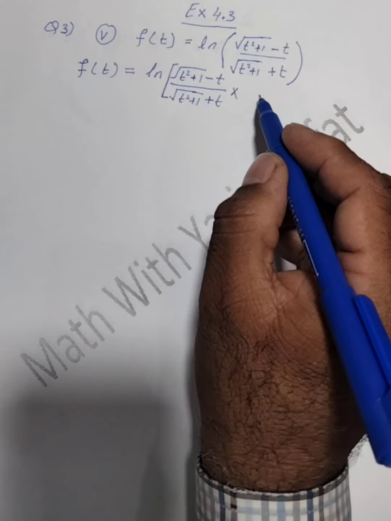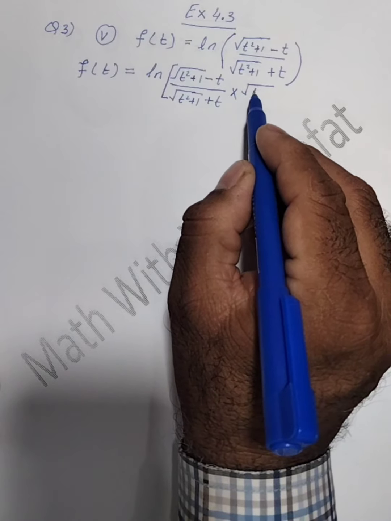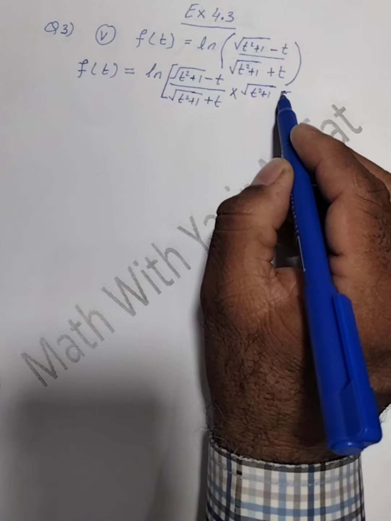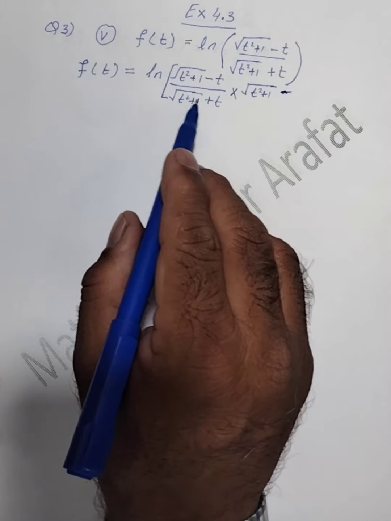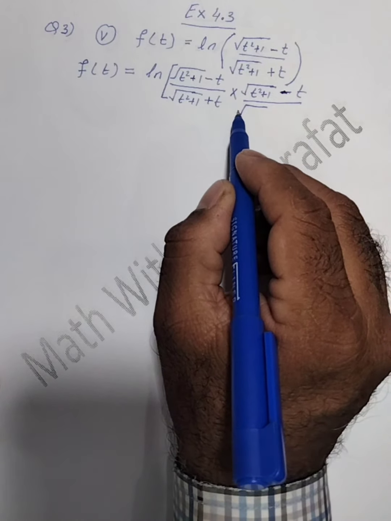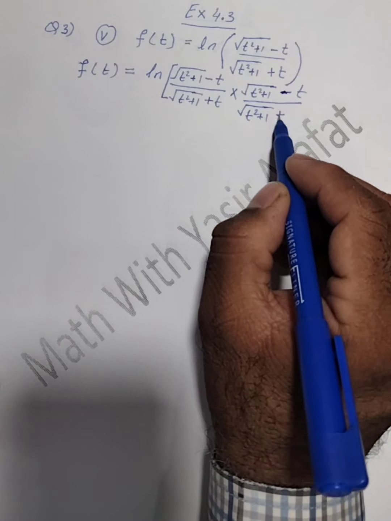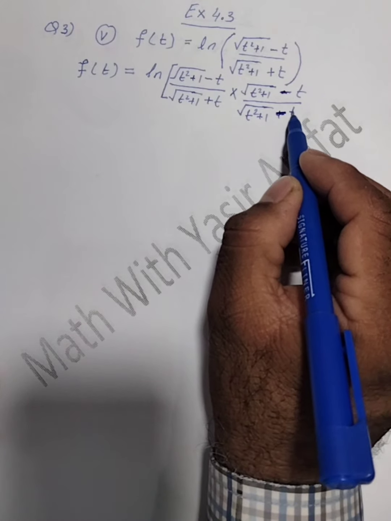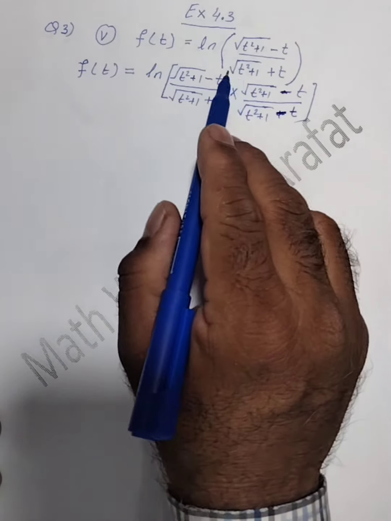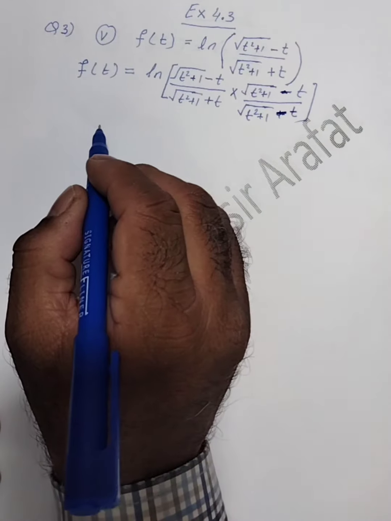Take out the conjugate of this denominator, that is radical t square plus 1 minus t, and then multiply and divide by it. Why are we doing this? To rationalize the radical in the denominator.